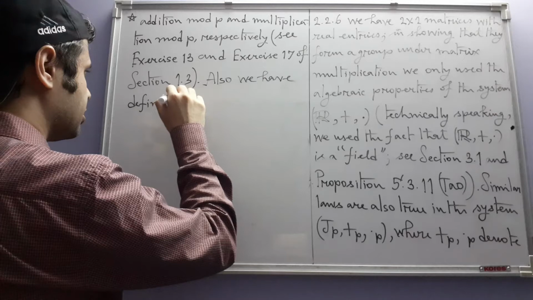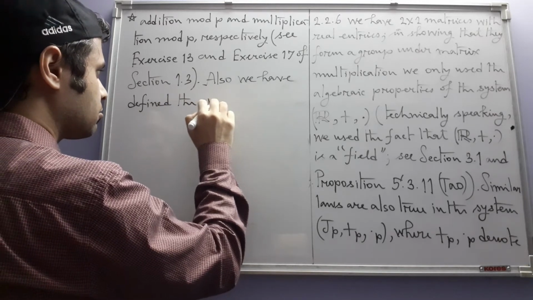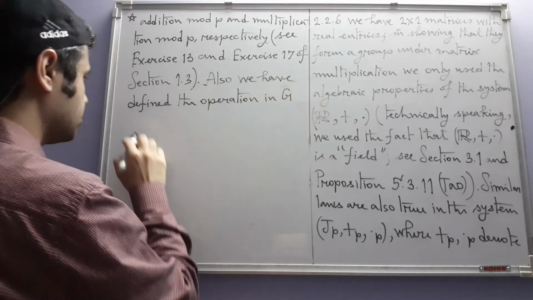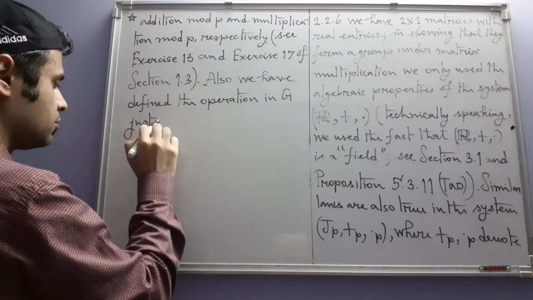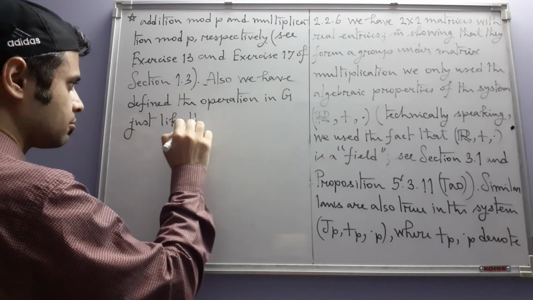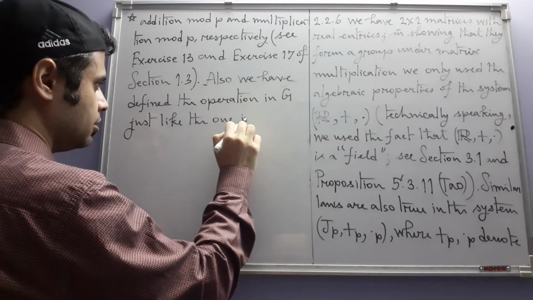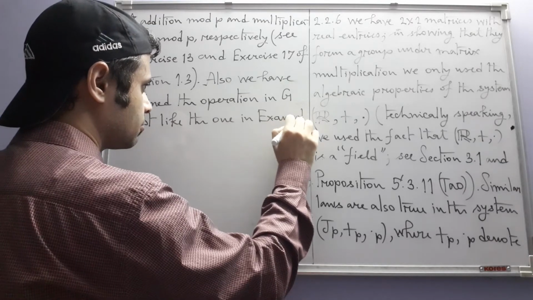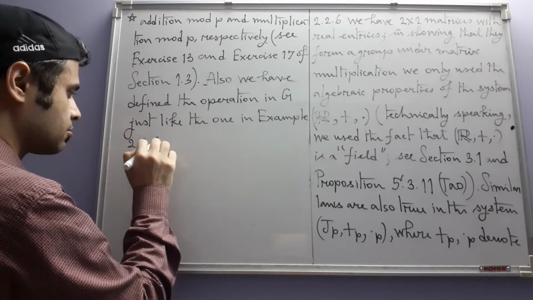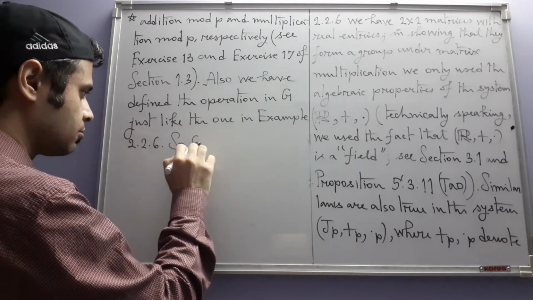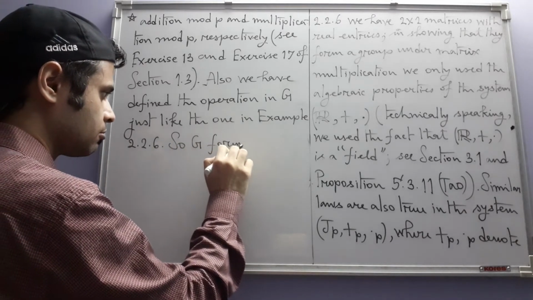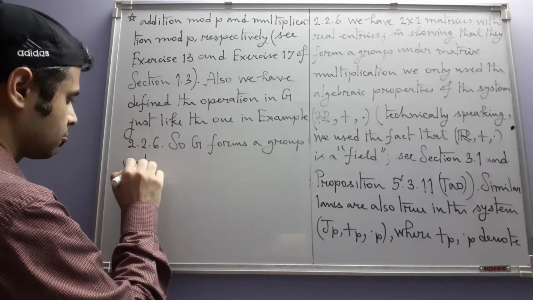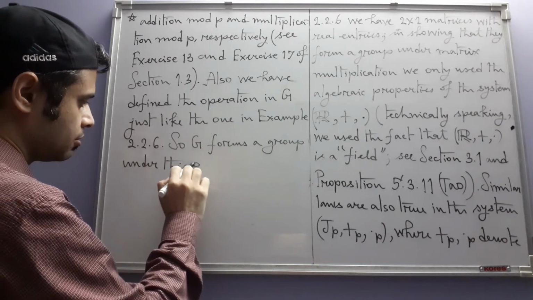Also we have defined the operation in G, just like the one in example 6. So G forms a group under this operation.